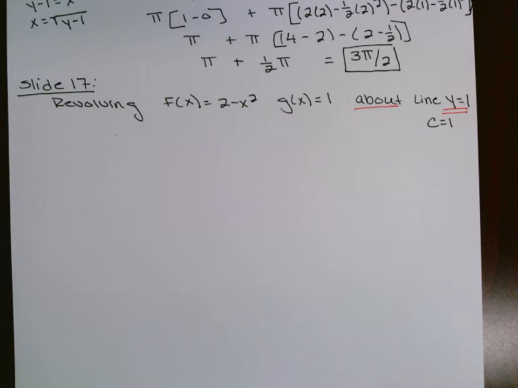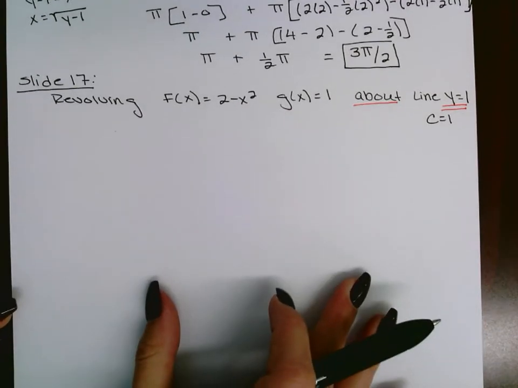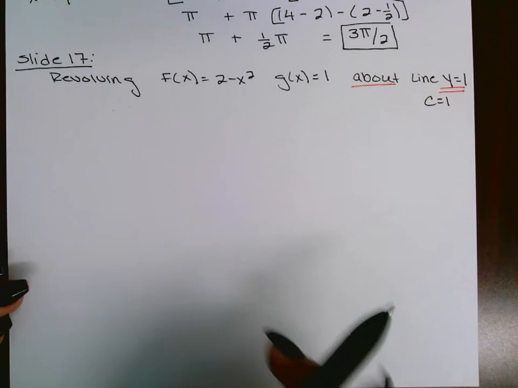If it says rotate around x equals a number, that is a vertical line, which means I'm rotating around sideways and I need to pick y values so my function is with respect to y. Okay? Sometimes you just gotta hear it a few times.